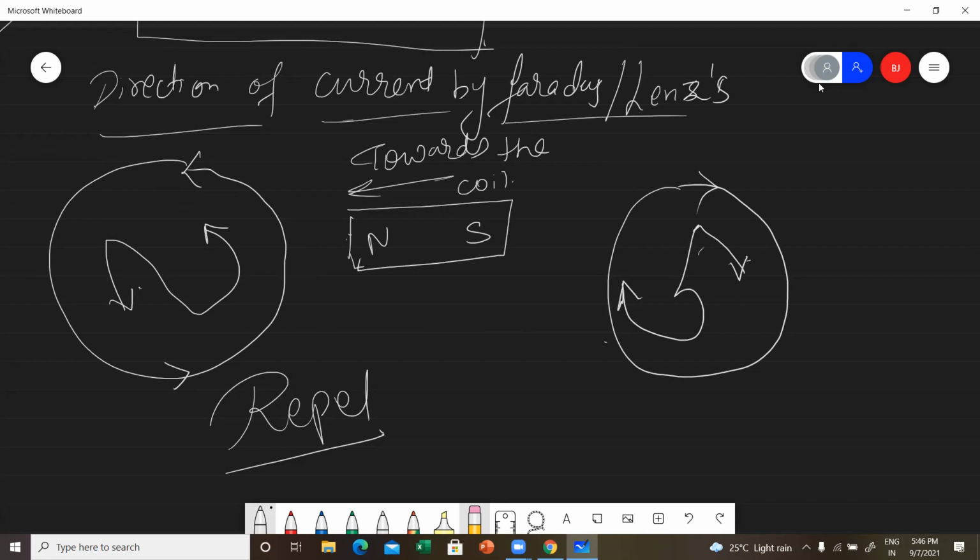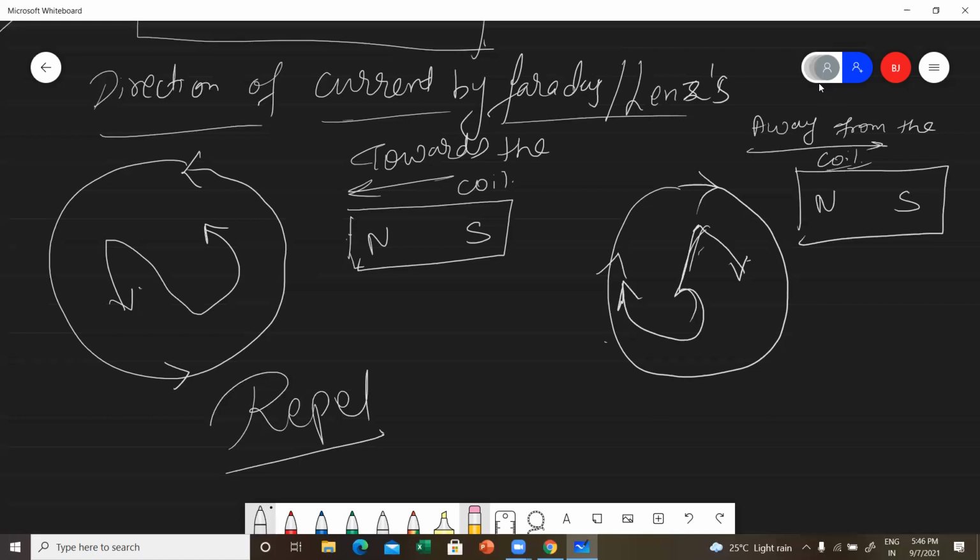Now, if this is my direction, that is my south, we write it as S. And here is my bar magnet, north, south, and this one is moving away from the coil. Now, here will it attract or repel?